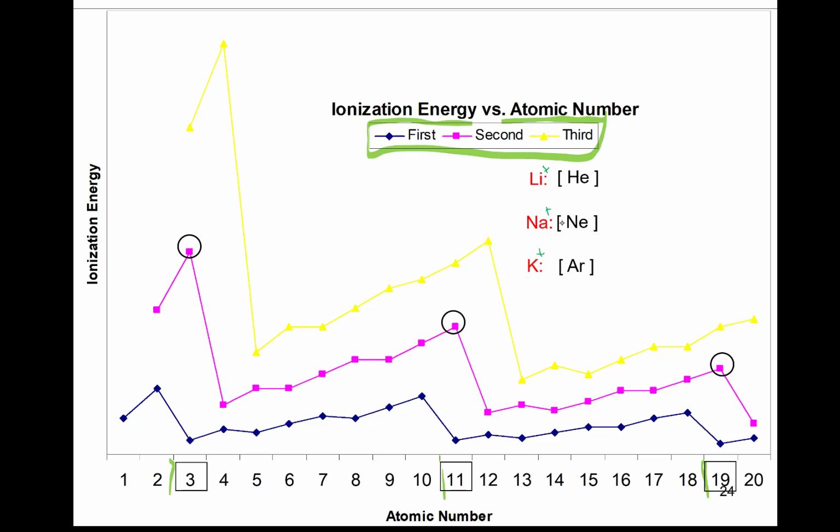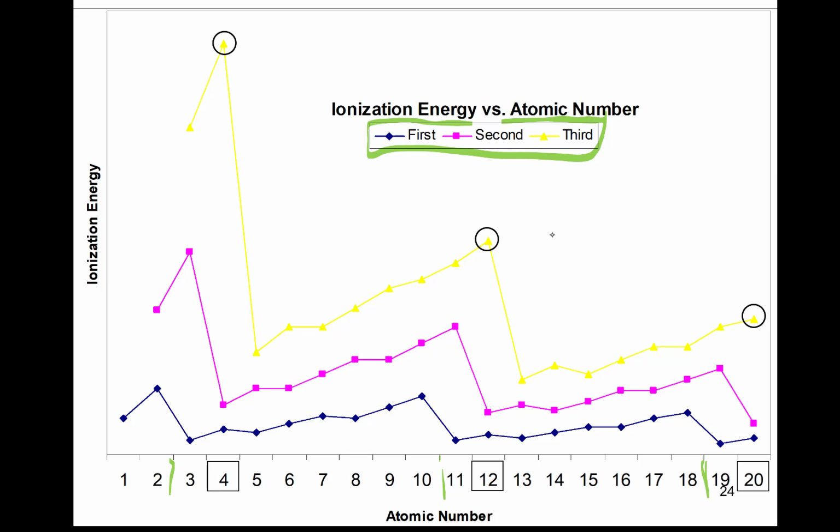When it forms a lithium ion, it has the same electron configuration as helium. The sodium ion has the same electron configuration as neon. The potassium ion has the same electron configuration as argon. So it's easy to lose that one electron, but now they have a stable octet, or their full highest energy levels, so they don't want to remove any more electrons.